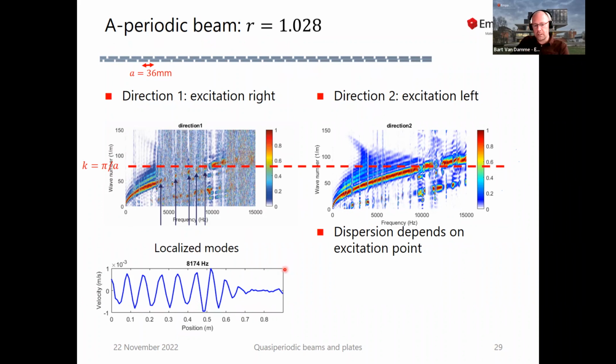And basically what is happening is that the section that feels the band gap is acting as a clamped boundary condition. So you're building up a mode that cannot penetrate beyond where the band gap is happening. So here you're clamped and here you get your local mode. And the funny thing is that you can actually see it. Here we're exciting on the right. It wouldn't be exactly the same if you excite from the left.